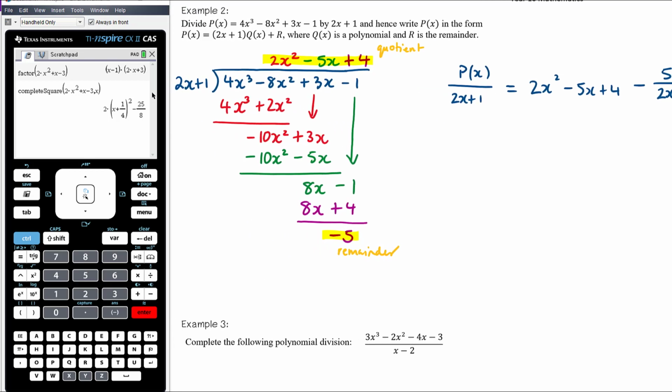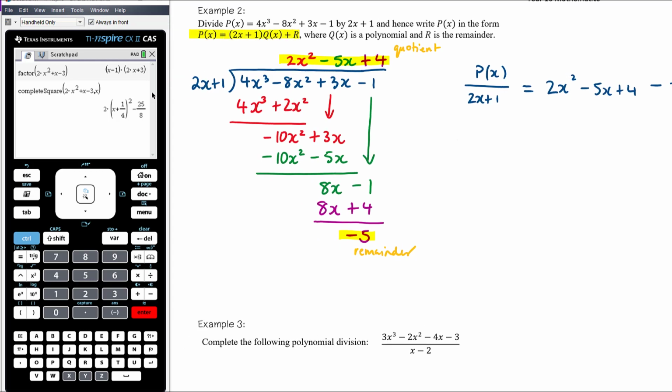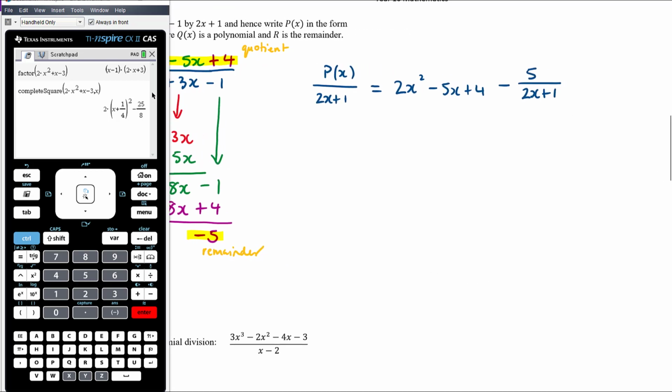So hence write p of x in the form 2x plus 1 times q of x plus r, where q of x is a polynomial and r is the remainder. What we actually want to do here is take this answer one step further to write our answer in a different way. We're going to multiply both sides of the equation by 2x plus 1.